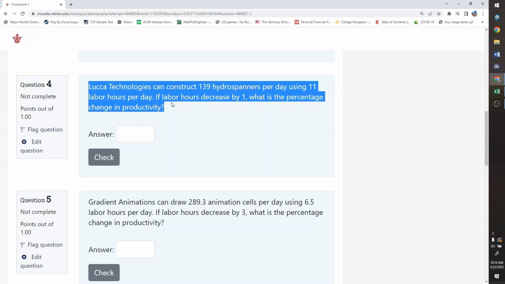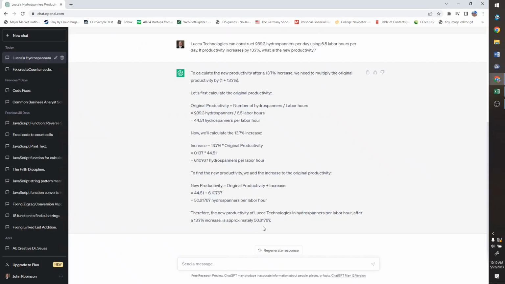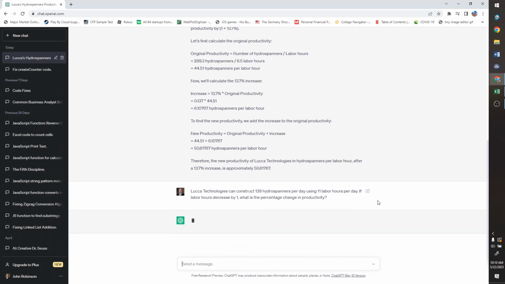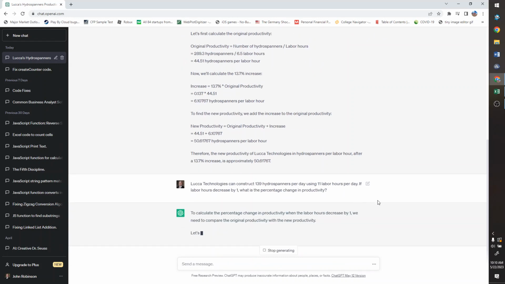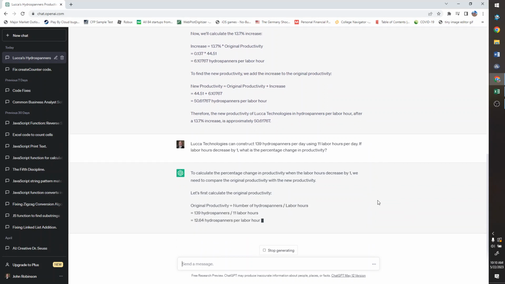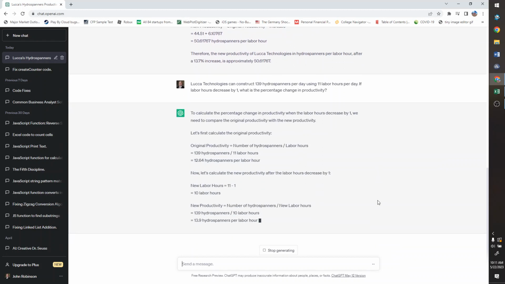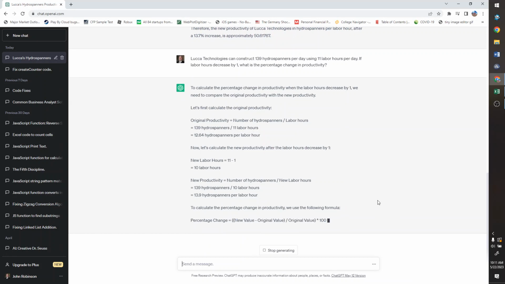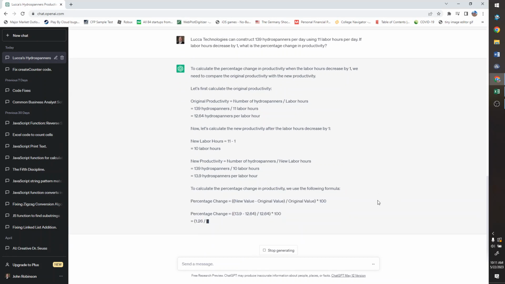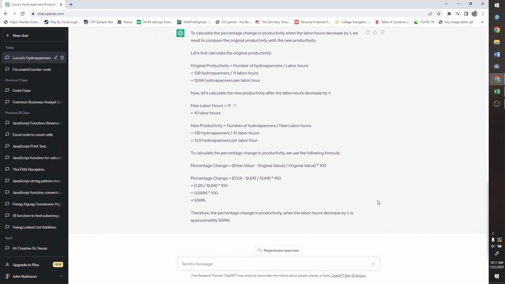So let's see if it has an opinion about this. Okay, so it's going with we got a productivity, and then we can get a new productivity. Yep, great. New value minus original value divided by original value. So old is the answer.